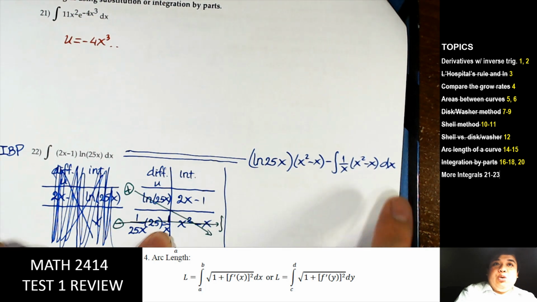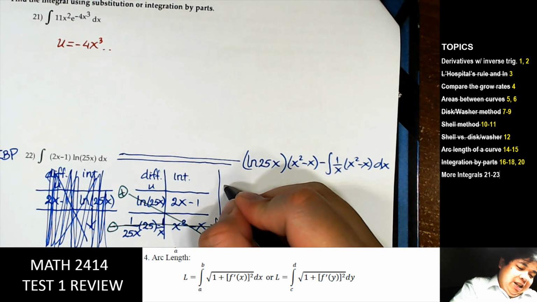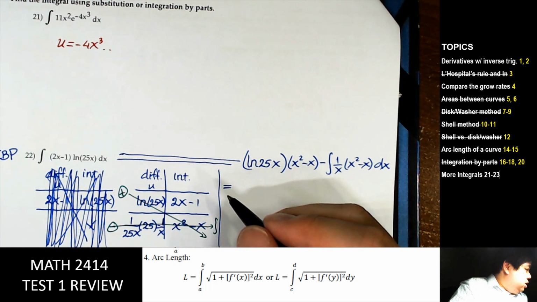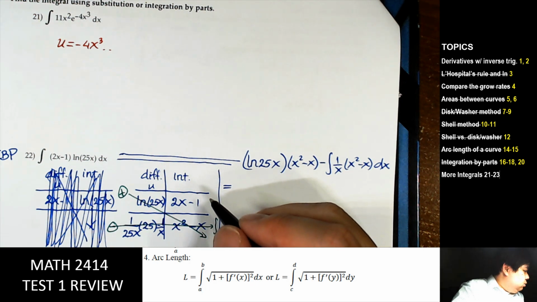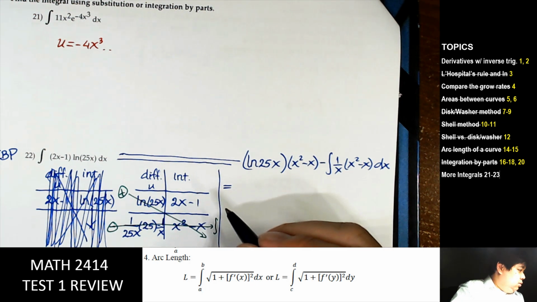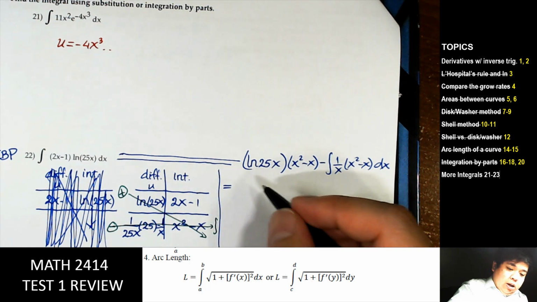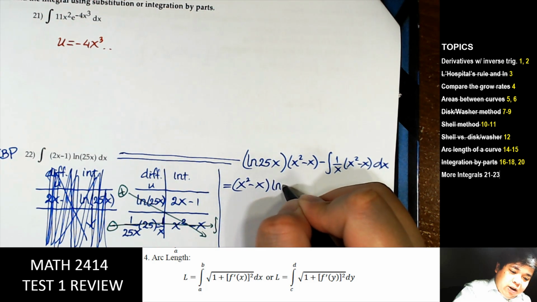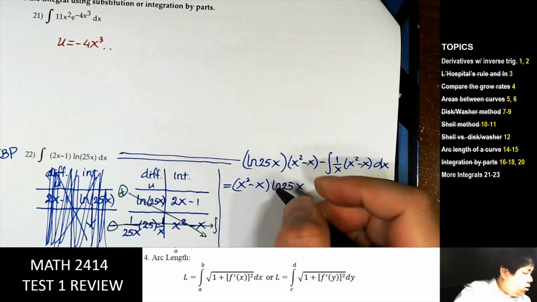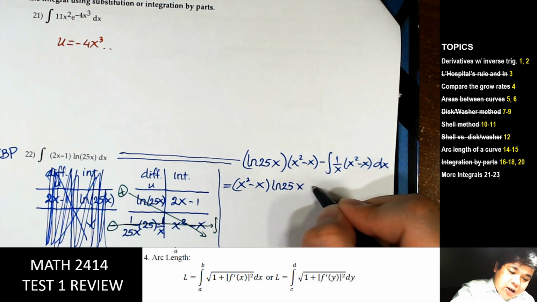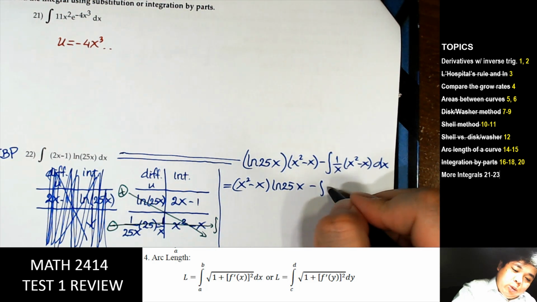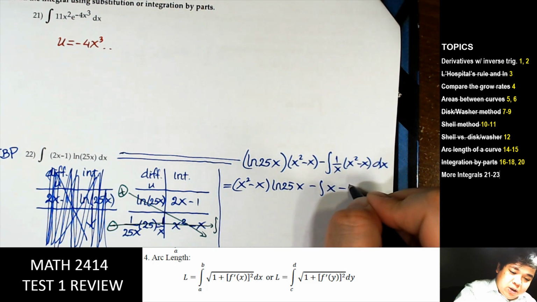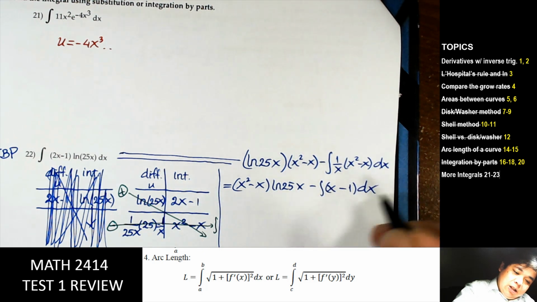Actually, this is very easy to do. So we just have x squared minus x ln of 25x. This integral distributed, we have just x minus 1 dx.